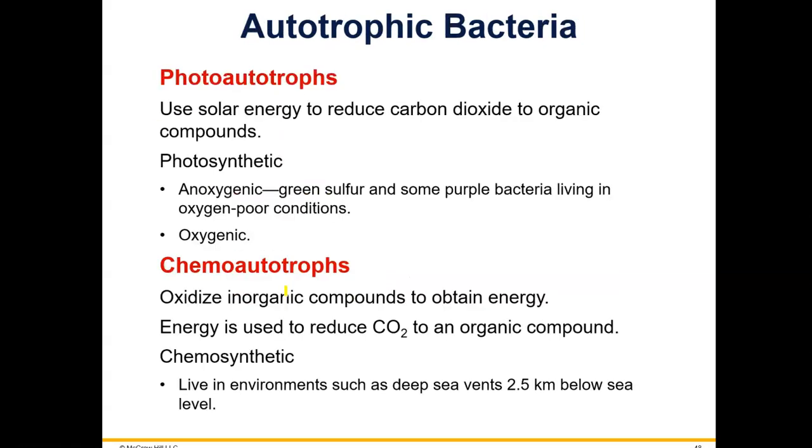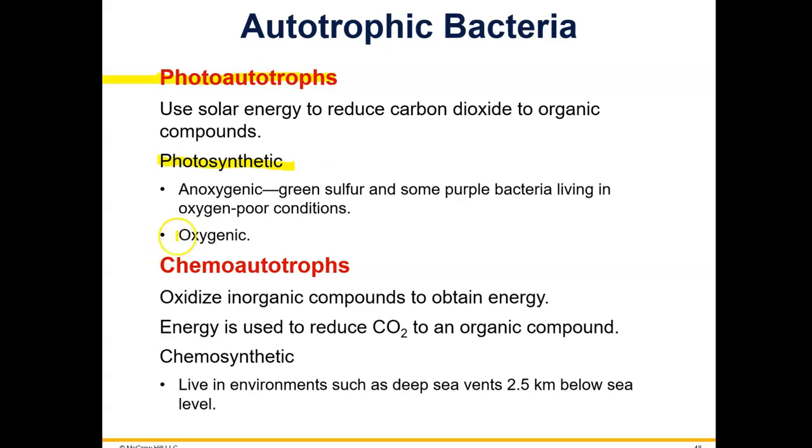Okay. Now, the types of feeding you can have, just like a plant, you can have bacteria which are photoautotrophs. They use photosynthesis in order to make their own food. So photoautotrophs use sunlight for their energy, and they convert carbon dioxide in the air into organic compounds like sugar.